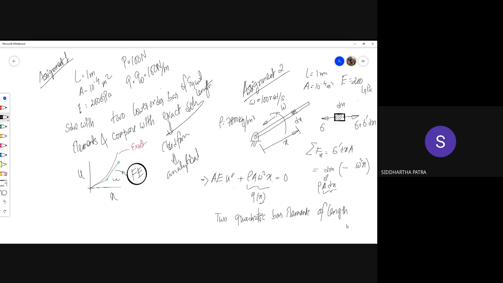Two quadratic bar elements of length. Actually, you can take uniform, equal lengths. Solve for the u's.